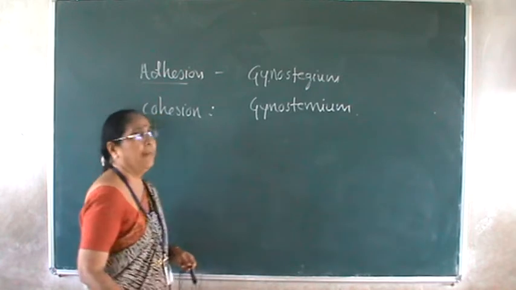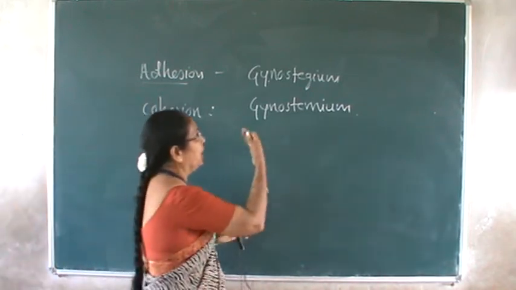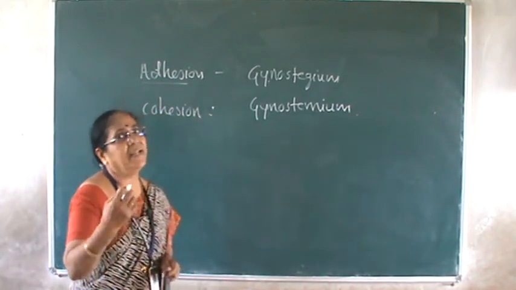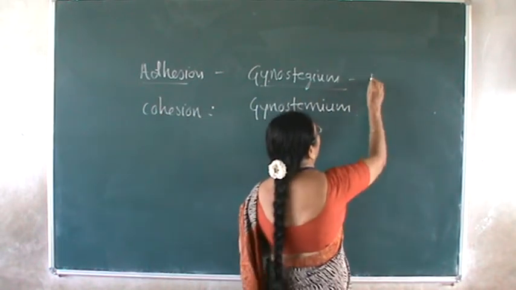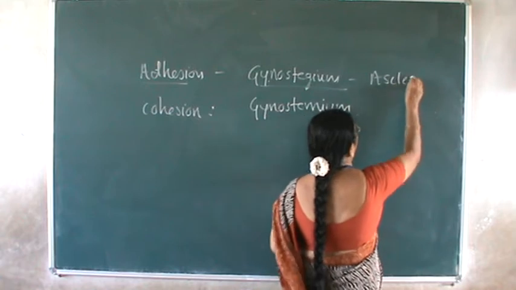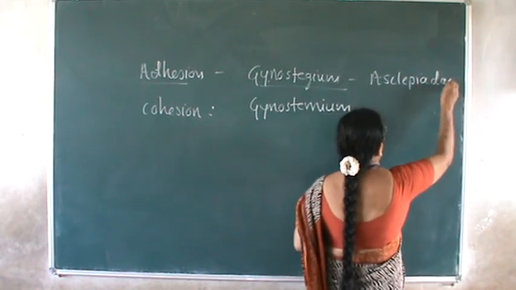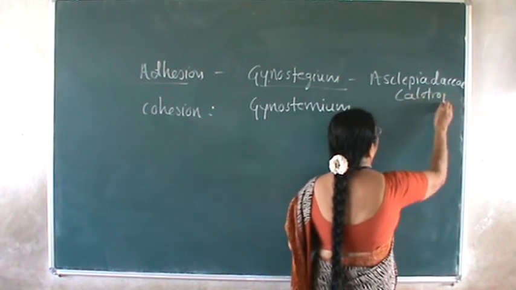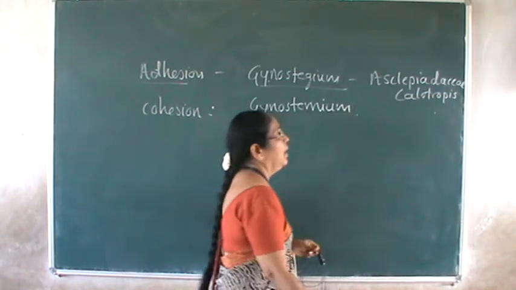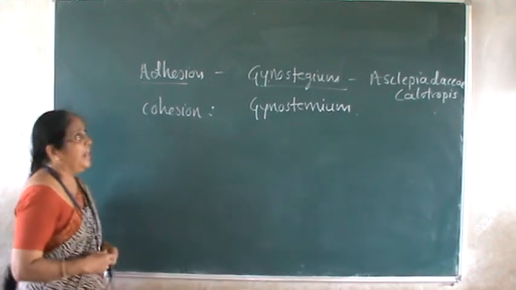Gynostemium and gynostegium, the words are almost similar, with a slight spelling variation. Gynostegium is found in Asclepiadaceae family members. Calotropis is an example in which you get this kind of adnation of stamens.